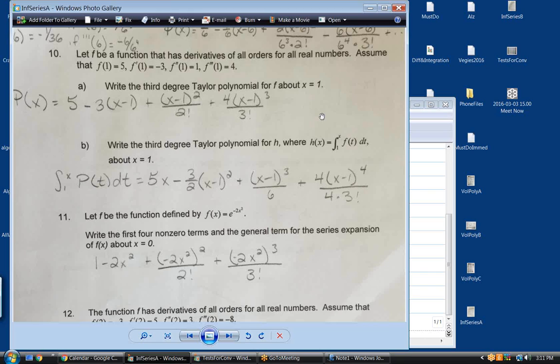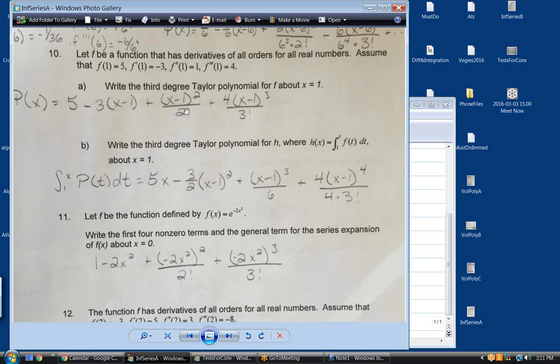That's a power series. But if I take just the third degree Taylor polynomial, then it's a finite series, not an infinite series.